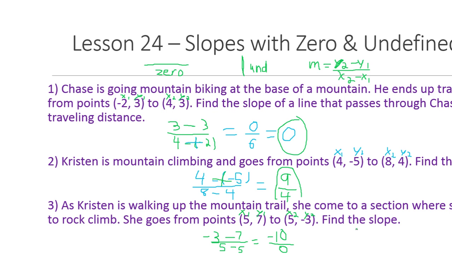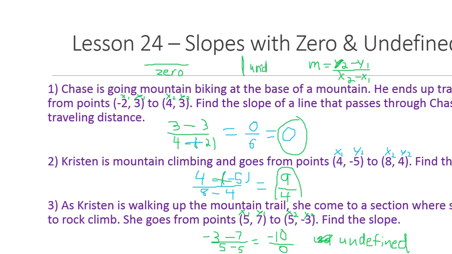So there's no way 0 can go into negative 10 or any other number. So this is what's called undefined. Because you cannot divide it unevenly.